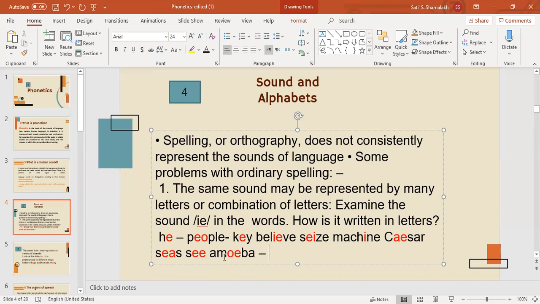Amoeba, O-E. So you see, many letters or many combinations of letters are pronounced in the same way. That's why we have to learn phonetics. That's why phonetics is important, and it will be easy when you learn how to read these things and how to read combinations of letters. You will learn everything, so it's not difficult.